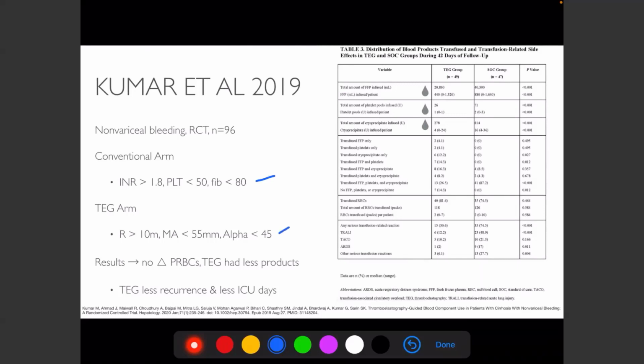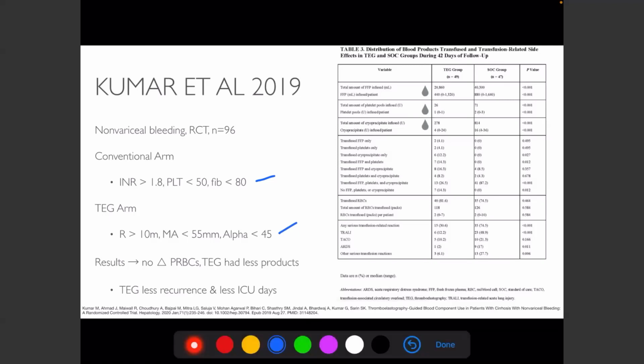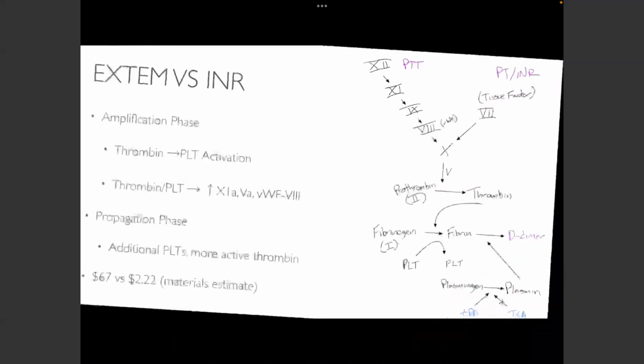The results were no change in transfusion requirements, and TEG used less products. So using less products wasn't worse in this trial; you didn't require more blood. And it did have statistically significant less recurrence and fewer ICU days. And these were the amounts of FFP, platelets, and cryo used, which I thought was interesting.